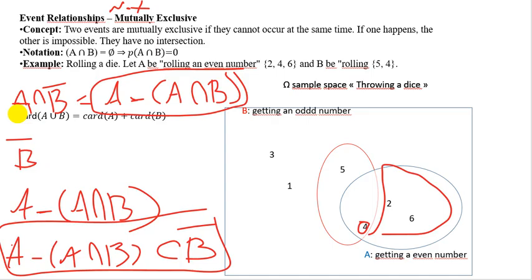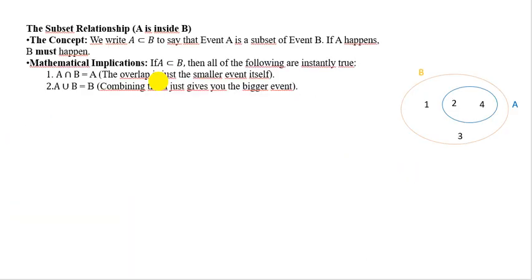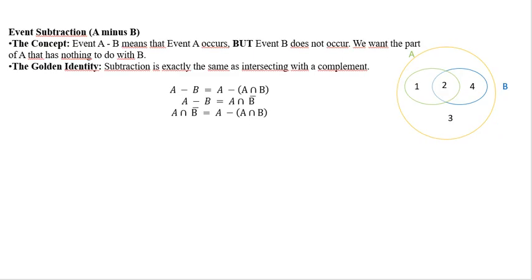And now let's see how to deal with this subtraction: how to subtract an event from another event. A minus B, we can write it like this. A minus B means that event A occurs but event B doesn't occur.